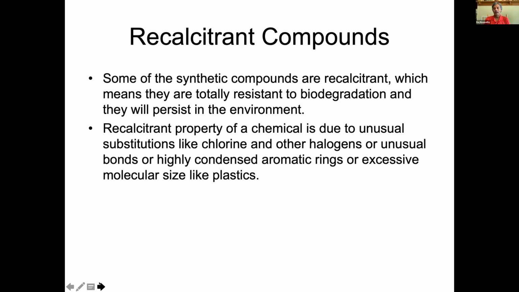Sometimes there are unusual bonds, and also highly condensed aromatic rings, or the compound itself has excessive molecular weight, such as plastic. These compounds are very, very hard to degrade, and as a result they are going to persist for a very long time in the environment.